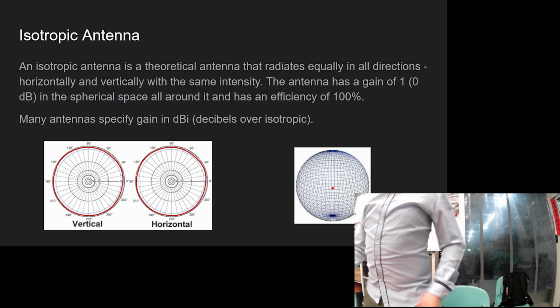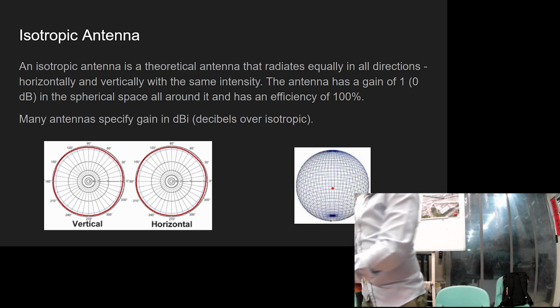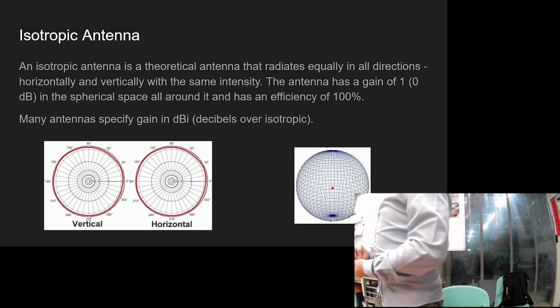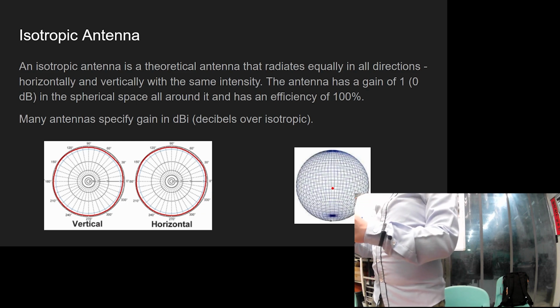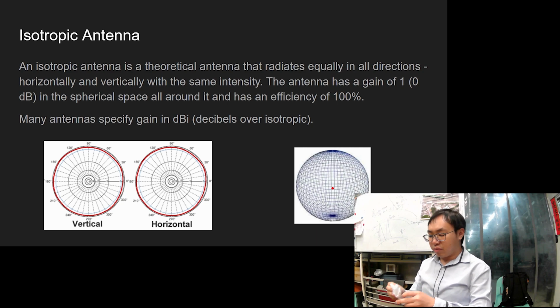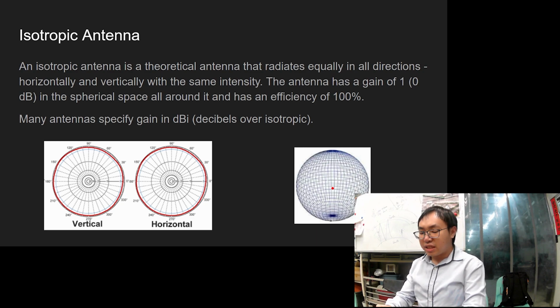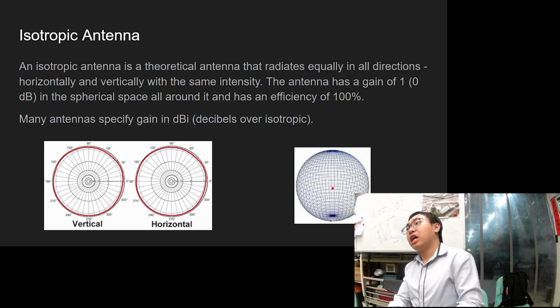That's why they have different names, dBd and dBi. So now we are talking about dBi. Still remember that 0 dBd equals how many dBi? Still remember that? 2.15.